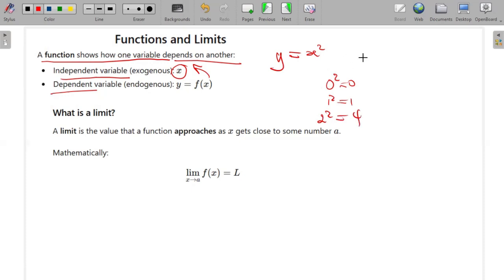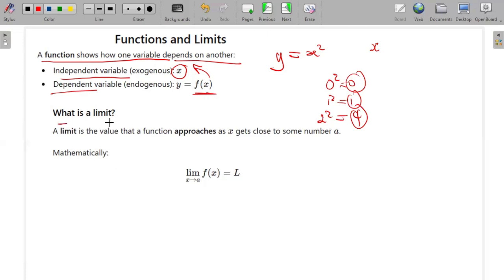So you see that x is taking up values 0, 1, 2 like that, but the outcomes here are the values of y, and that makes y the dependent variable. The value of y is dependent upon x, and so we usually denote y to be equal to a function like f of x, where you plug in x to get the value of y. So in simple terms, that's what a function is, or that's how we're going to take it.